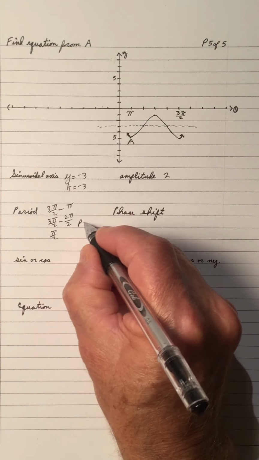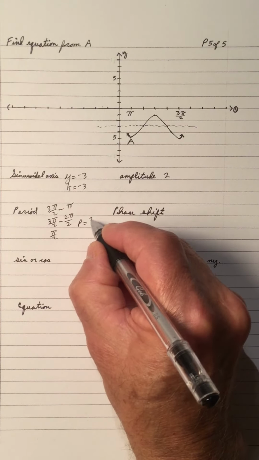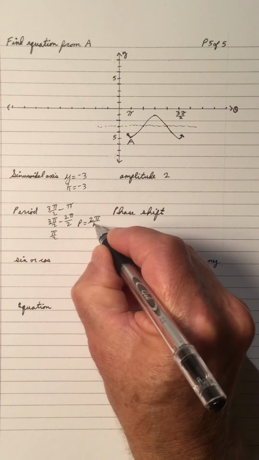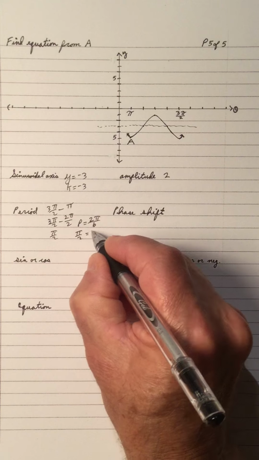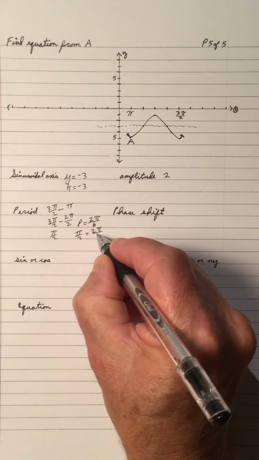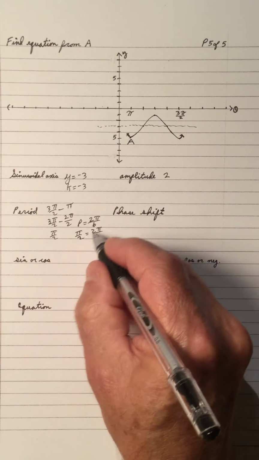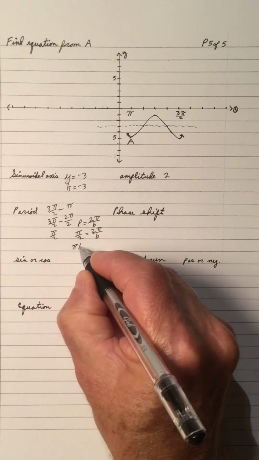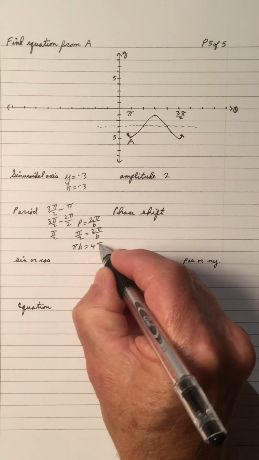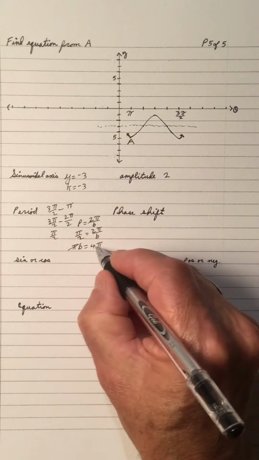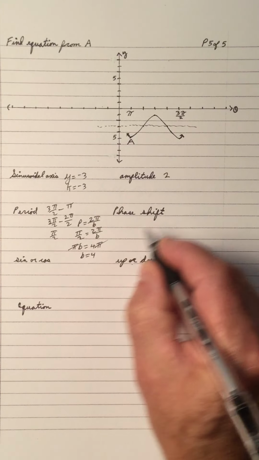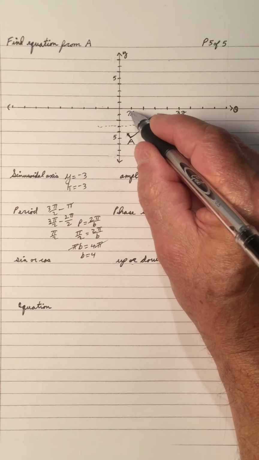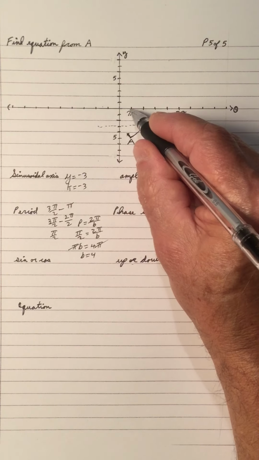And the period is equal to, again we got radians, so it's 2 pi divided by b. So period is pi over 2 equals 2 pi over b. And we get pi b equals 4 pi. And we divide each side by pi. So b becomes 4.